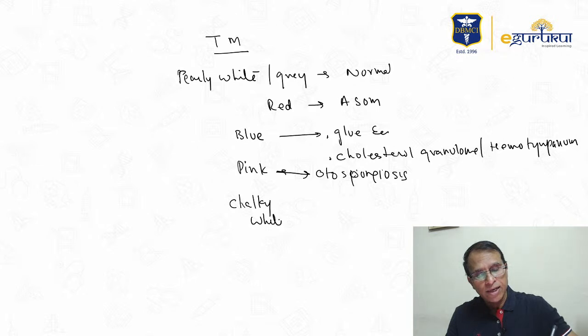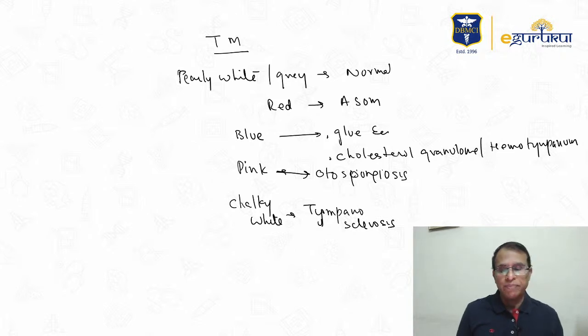Chalky white, I just told you, is tympanosclerosis. So these are some of the colors of the tympanic membrane.